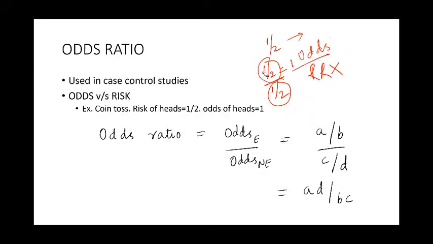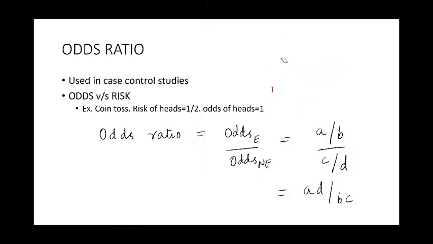So now we come to odds ratio. While in relative risk we've used A by A plus B, in odds ratio we use A by B. This is the formula for odds because 2 things can happen. Either you can get the disease or you can't get the disease.